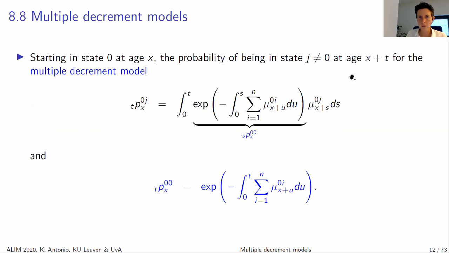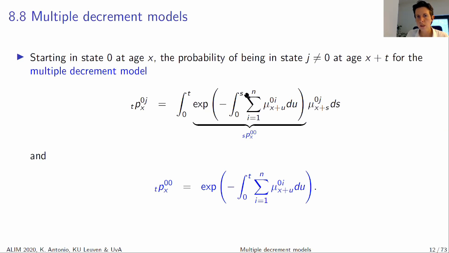Well, first of all, in the multi-decrement setting, this would be our exit probability to leave because of decrement J. You would be working with a probability tp_x^{0J}, where you say, okay, I've got the survival probability, or the probability to stay in the alive state, as sp_x^{00}.